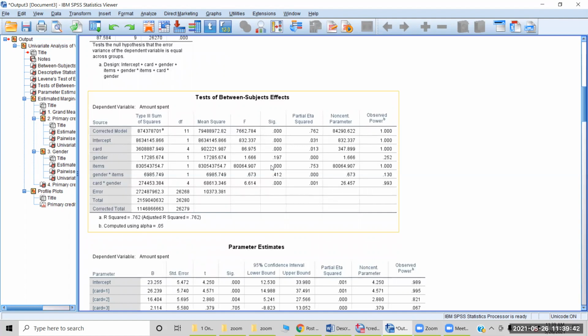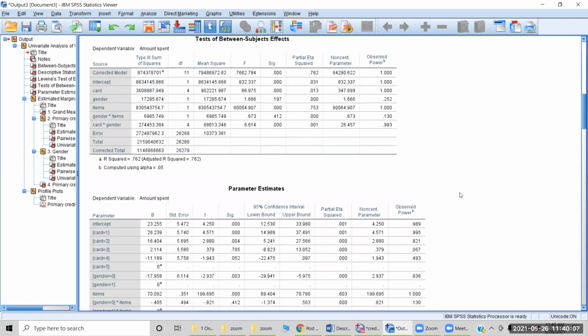So if the number of items increase, the expenditures increase significantly, and the effect size is also much, much bigger. As per Cohen's guidelines, it is 75.3%. And the large size is actually 14 maximum, and if it exceeds, it is the highest level.